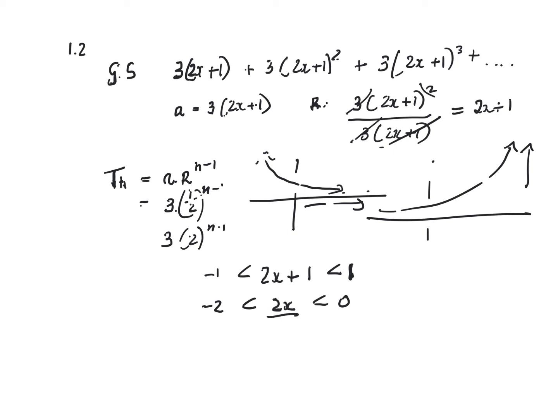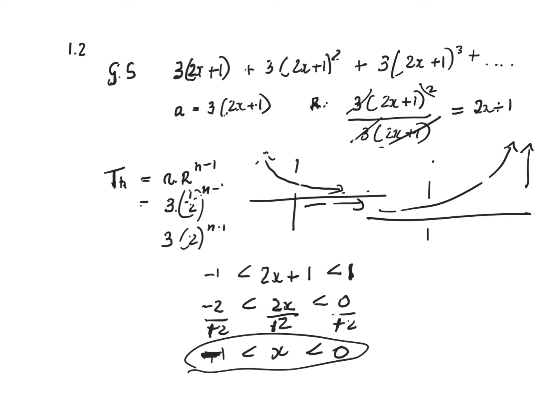Then I'm going to divide everything by positive 2. So that will be minus 1. So x must be bigger than minus 1 and smaller than 0 in order for this to be a converging series.